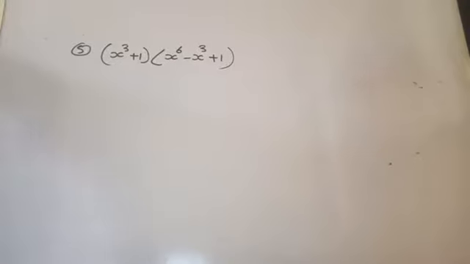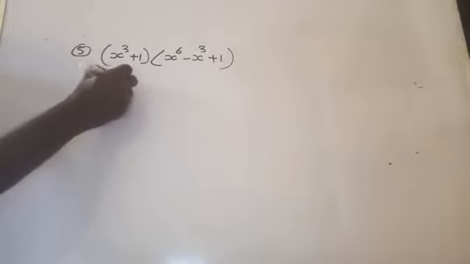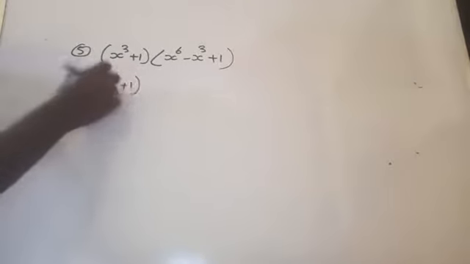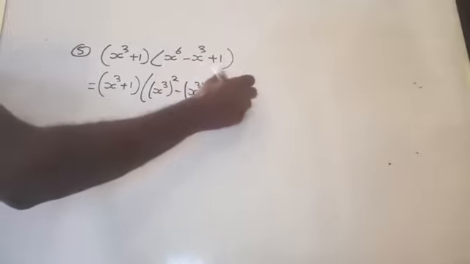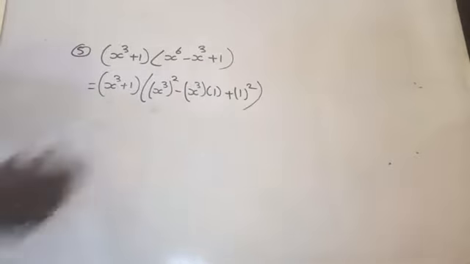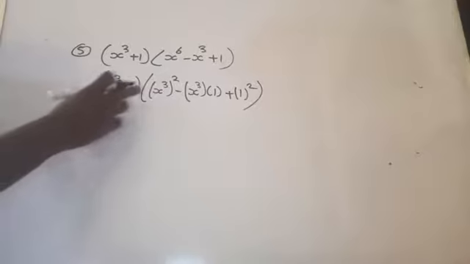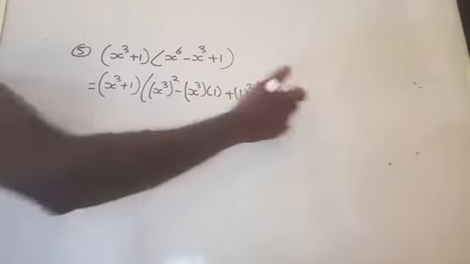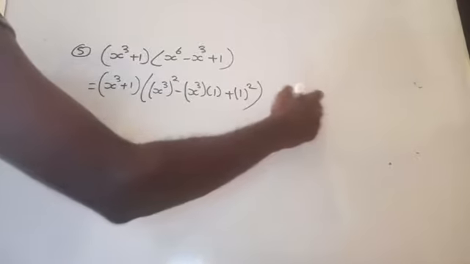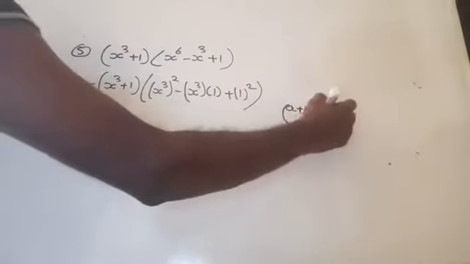Am I right here? Okay. Now you can write x cube plus 1 into x power 6 can be written as x cube the whole square minus x cube into 1. This 1 can be written as 1 square. So it is in the form of a plus b into a square minus ab plus b square.